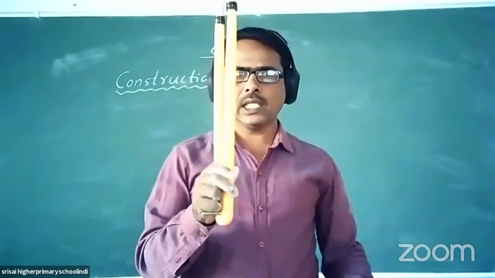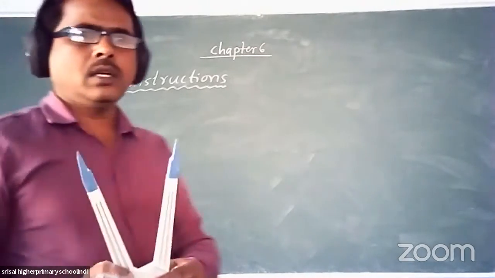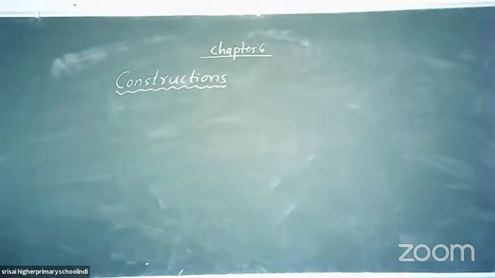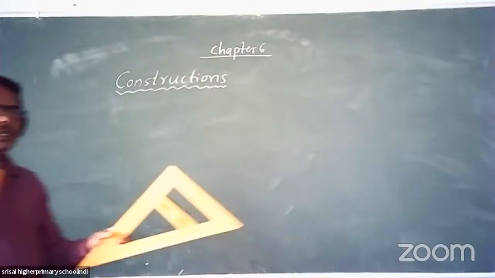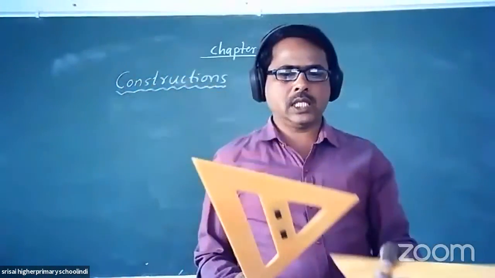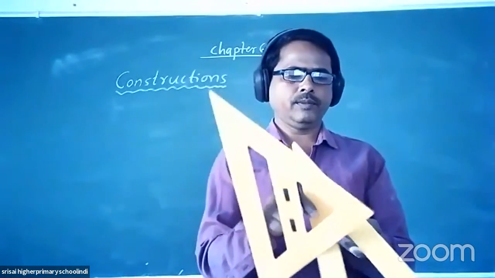One more like this is there, that is called a divider. Now, these are set squares. Here, both are right angle triangles.